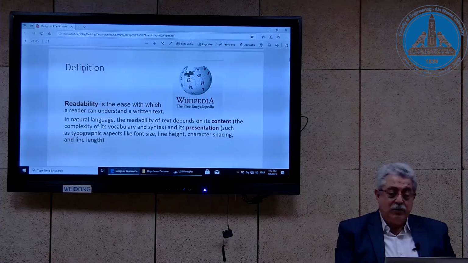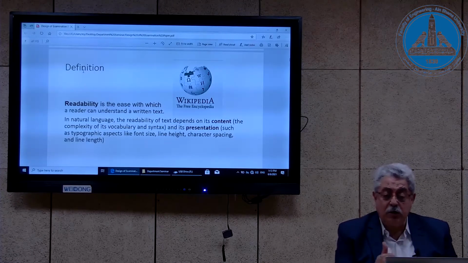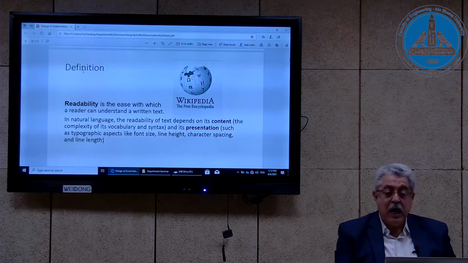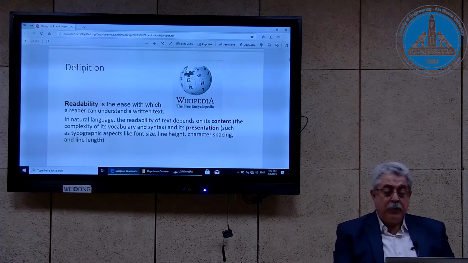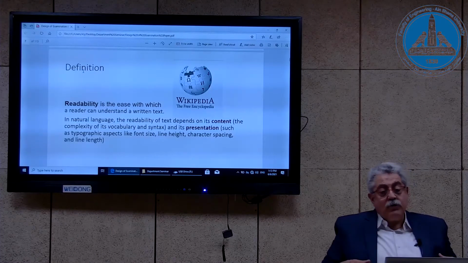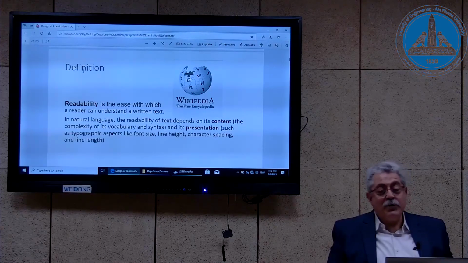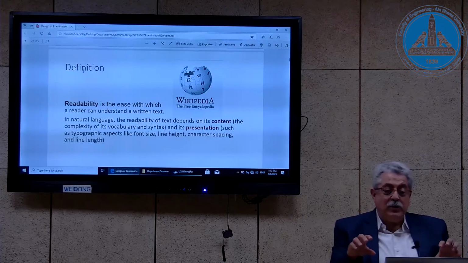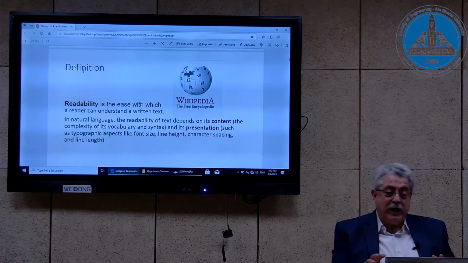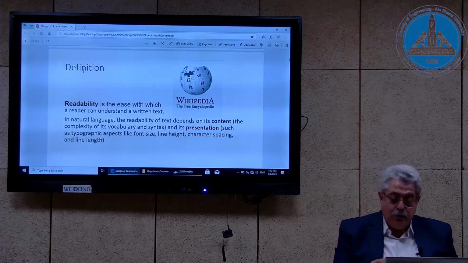They say in natural language, the readability of text depends on its content, the complexity of its vocabulary and syntax, and its presentation, such as typographical aspects like font size, line height, character spacing, and line length. Therefore, I don't want you to get confused, because in this presentation, readability has to do with the difficulty of text to understand, and legibility has to do with the appearance.